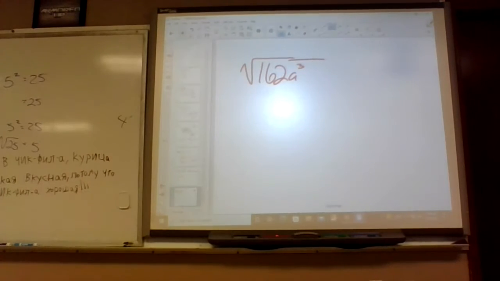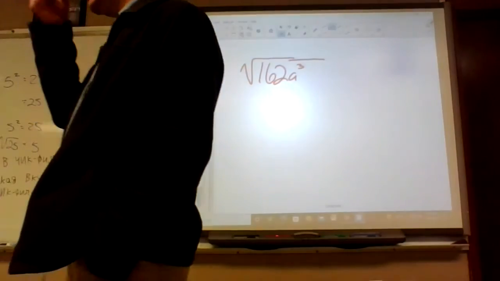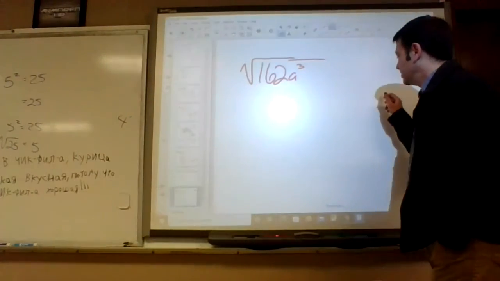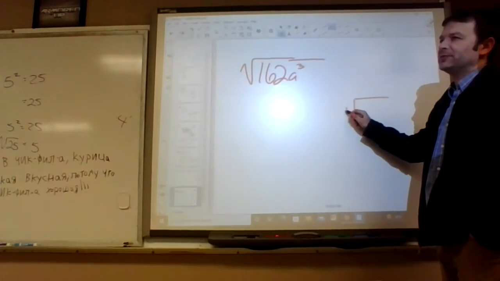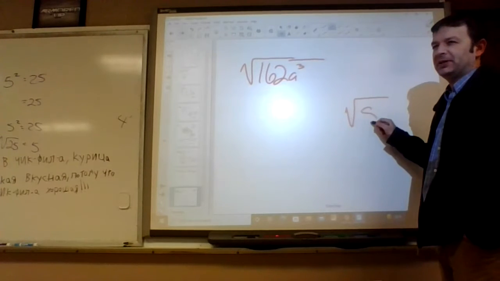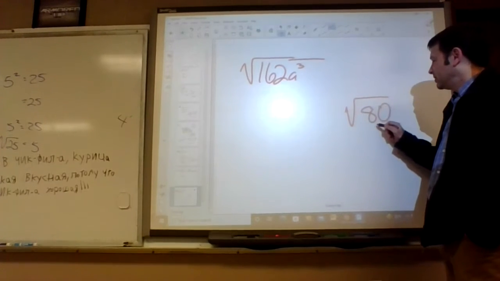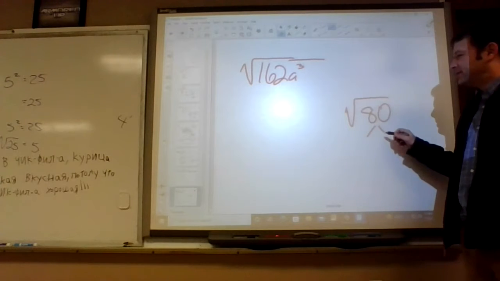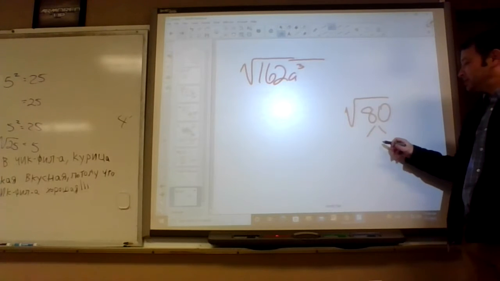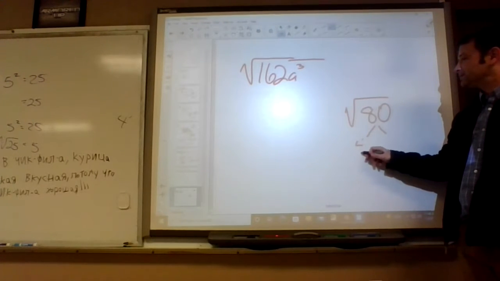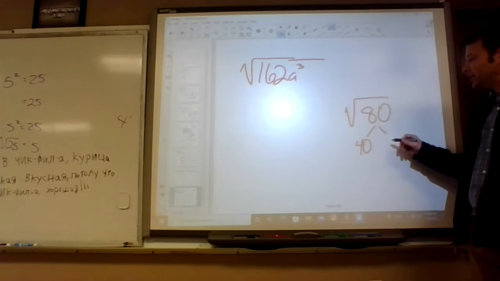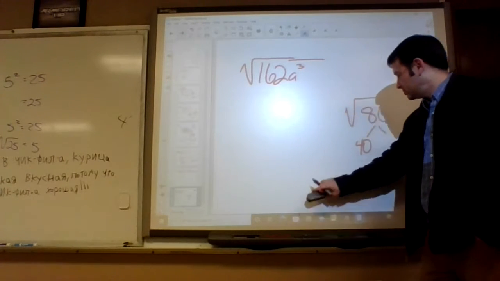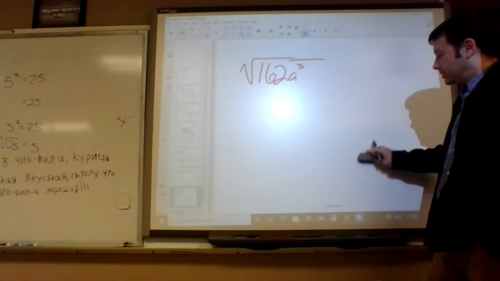A couple of you on the test, I noticed on that problem, not exactly this problem, I think the problem was like square root of 80 or something on the test, I could tell didn't have a calculator because you did this. Which is fine, but you might get it wrong in that case.